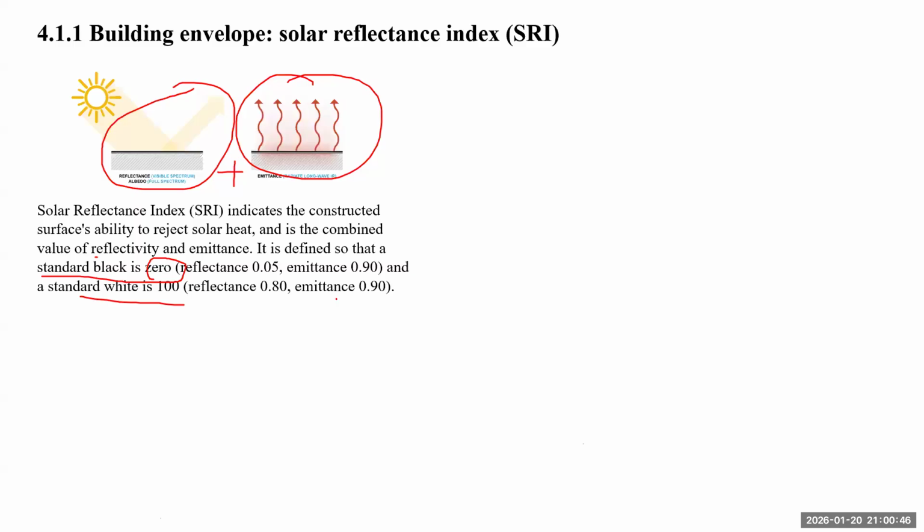What do you think? If this value is lower, will the surface be cooler under the sun? Or higher, cooler? With solar reflectance index 0 for standard black, definitely it's really hot.